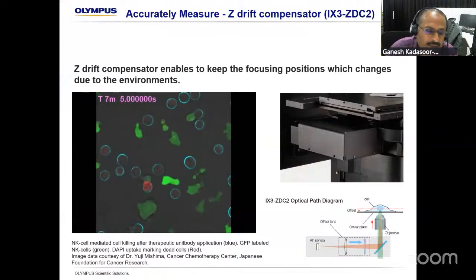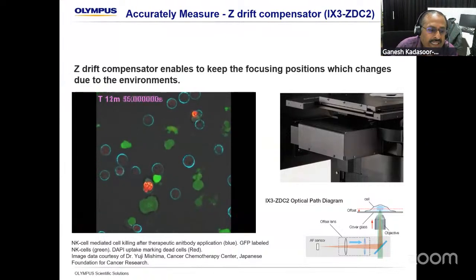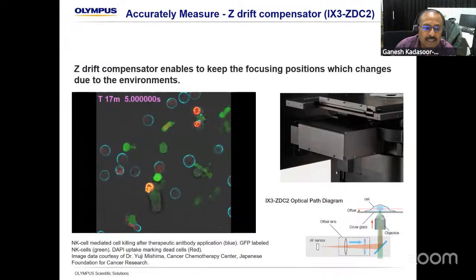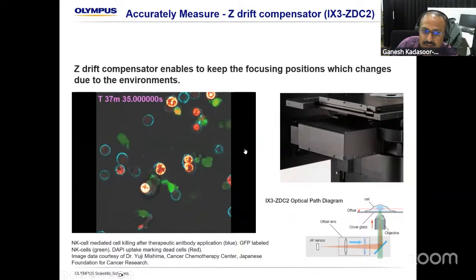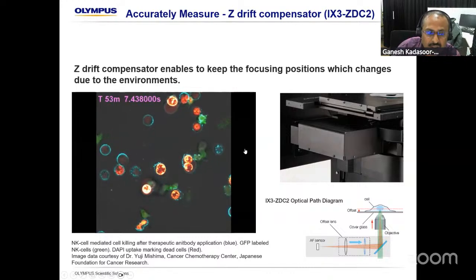Now in this case, see here, this is a fantastic example. These are called NK cells, natural killer cells. Nowadays the latest technology is to identify the cancer cells and load them with some antibody that can be identified by the natural killer cells.